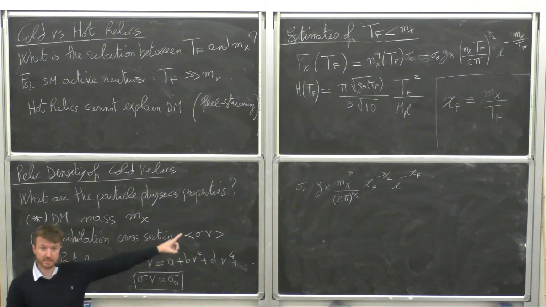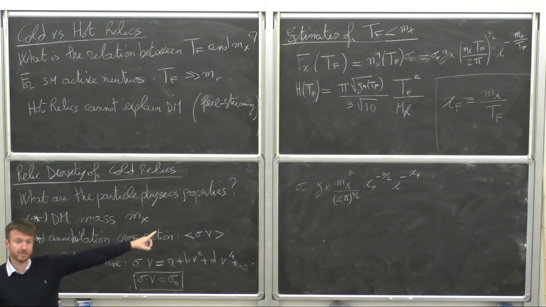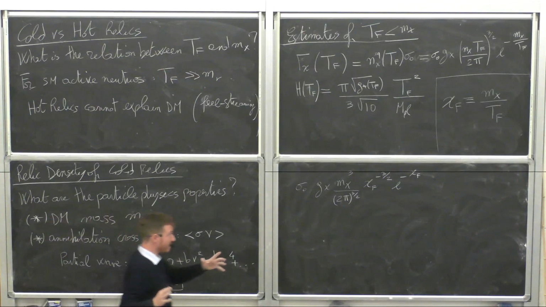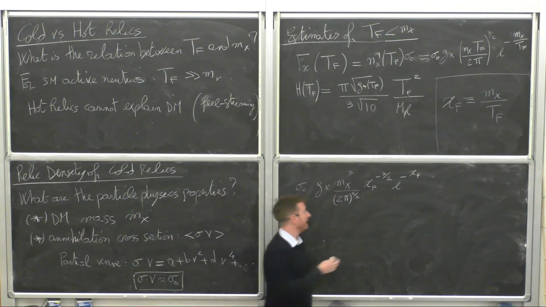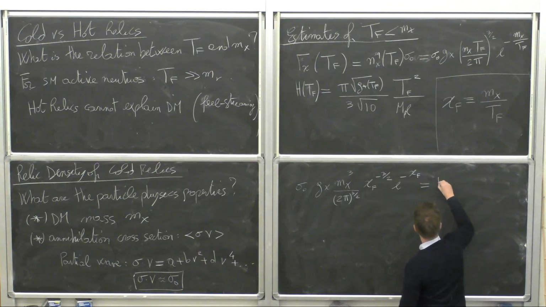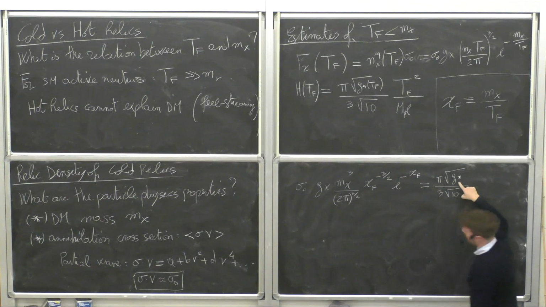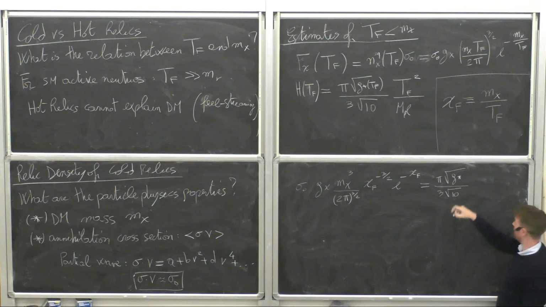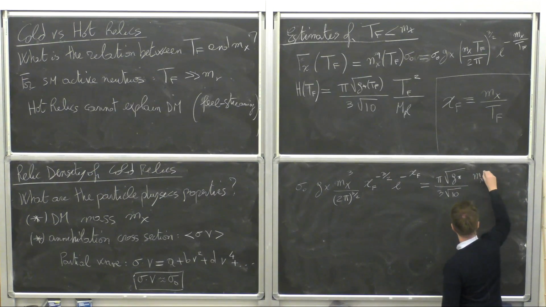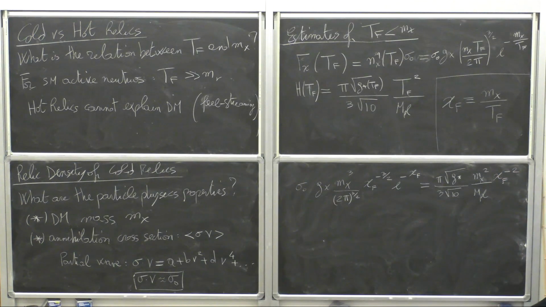The gamma is expressed in this form because I'm using x instead of T. x is dimensionless, so again, the dimensions work. 3 minus 2, 1. And then for Hubble, I have pi square root of g star. It's understood that g star is evaluated at T_F. I will not repeat that every time. Then I have m chi squared over m Planck xf to the minus 2. That's the freeze-out equation.